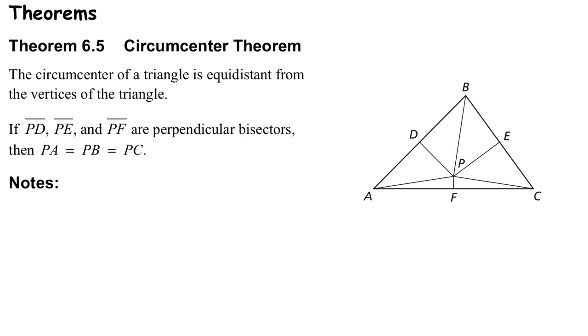They are created by some perpendicular bisectors, which means we have some congruent marks here because bisectors make some congruent statements. So basically the blue here is the beginning part, our if. So if PD, PE, and PF are perpendicular bisectors, in these notes, this would be my blue marks.